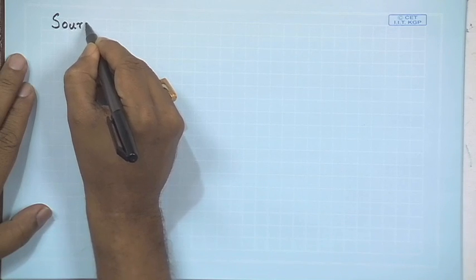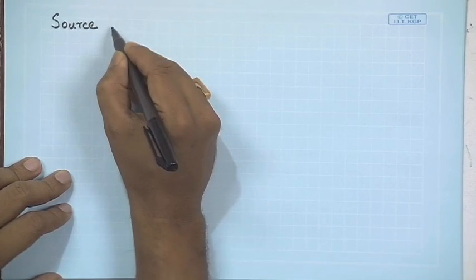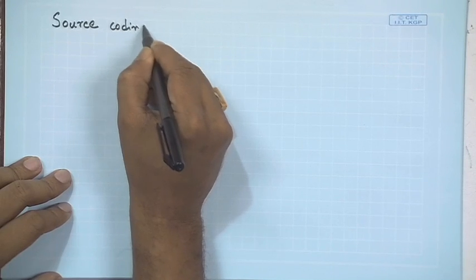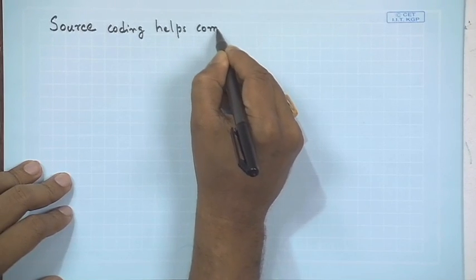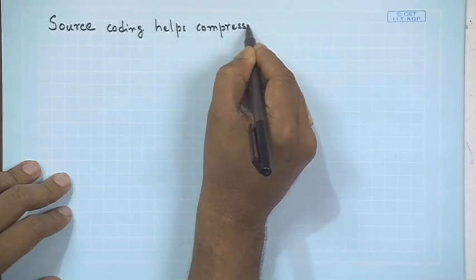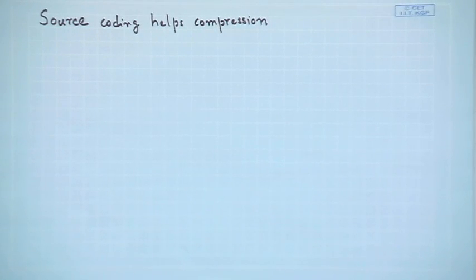The reason why we should do source coding, we have said before through an example, is that it helps in compression. Even today various techniques are being tried so that you get a better output from the source, better in the sense of lower bit rate.